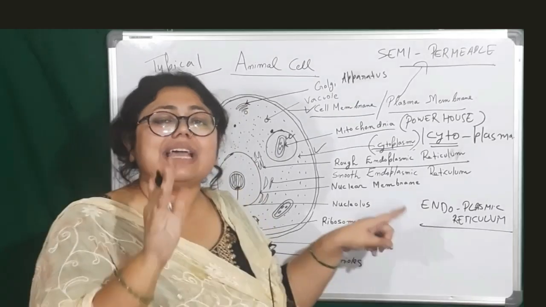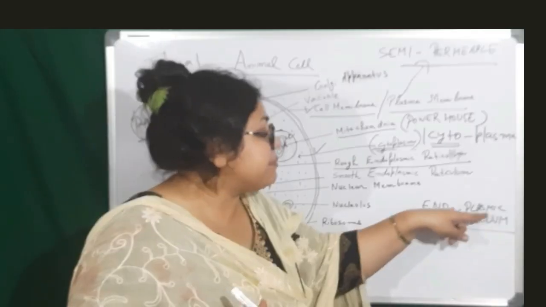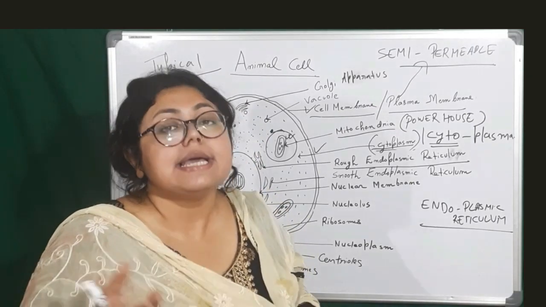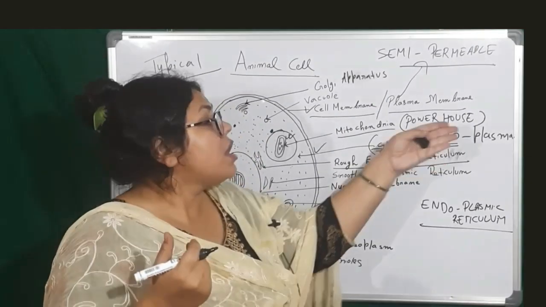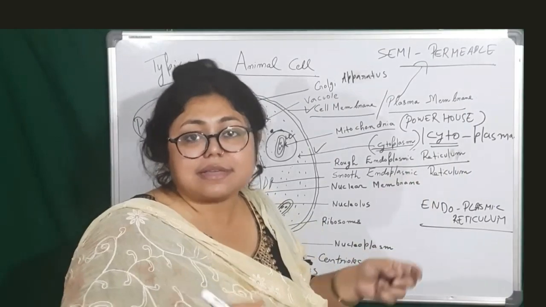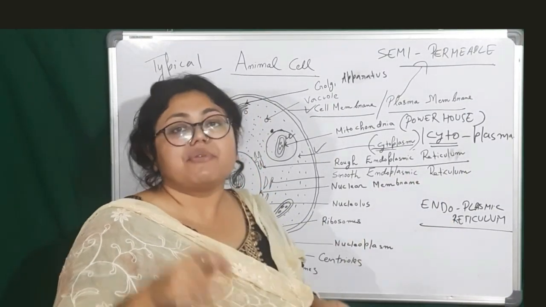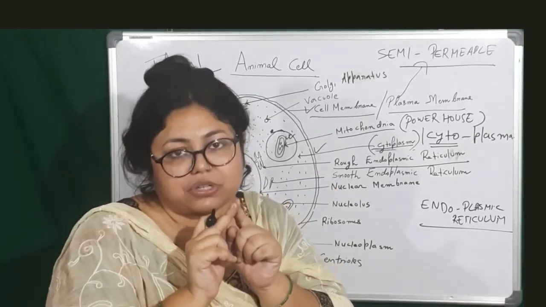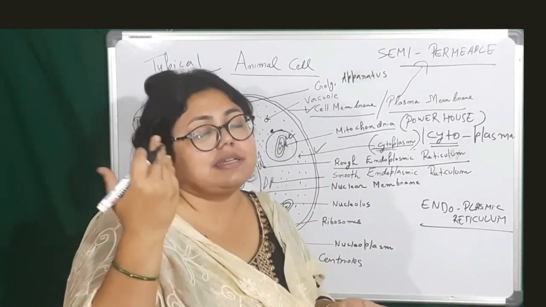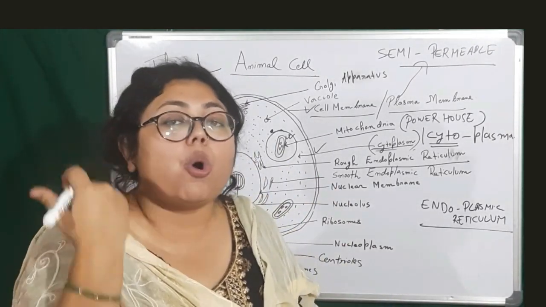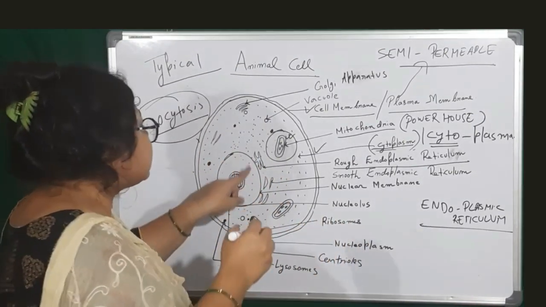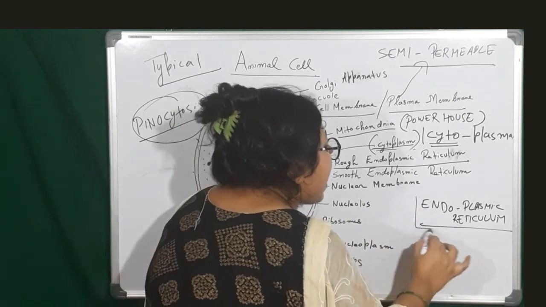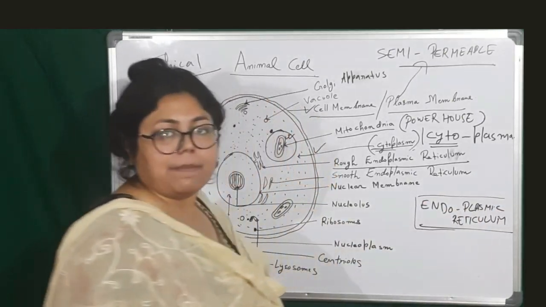Endo means anything which is inside. Plasmic means plasma type, meaning the main material forming it is a plasma material, a viscous jelly-like substance. Reticulum means a reticular structure, like a broken comb. So that is why it's called the endoplasmic reticulum.